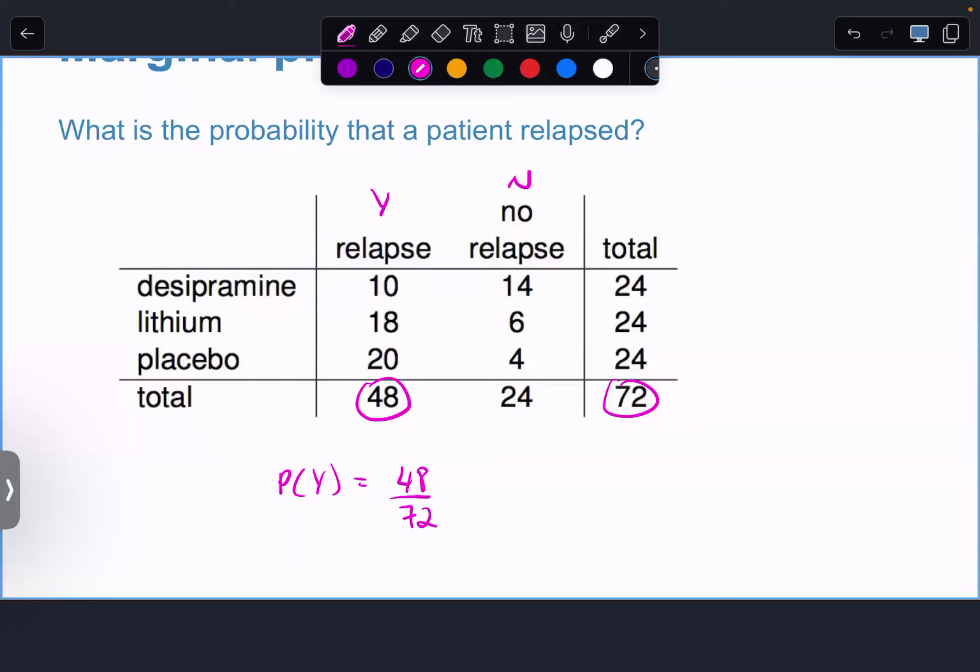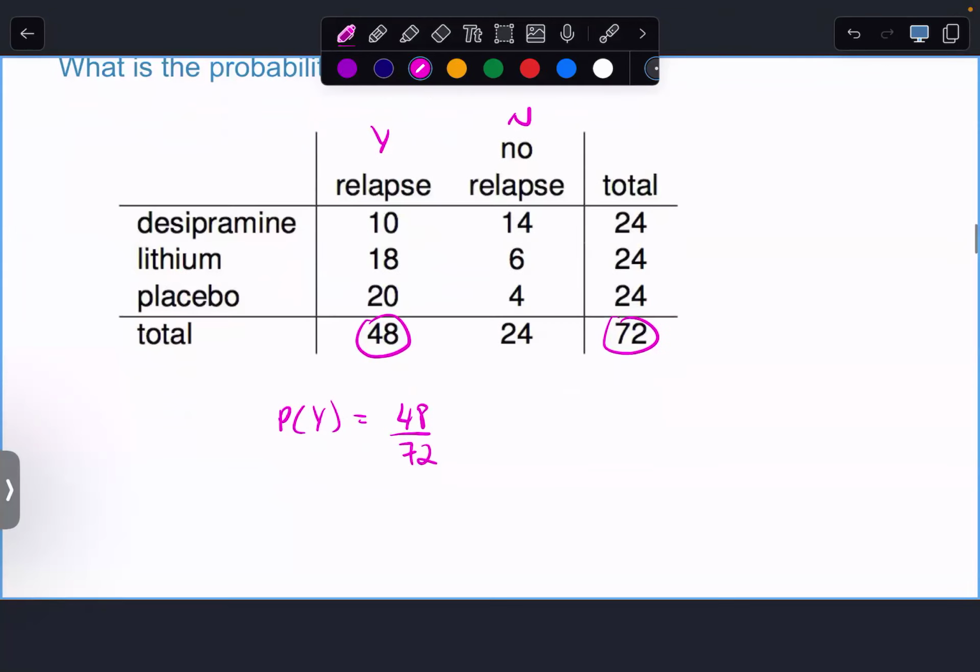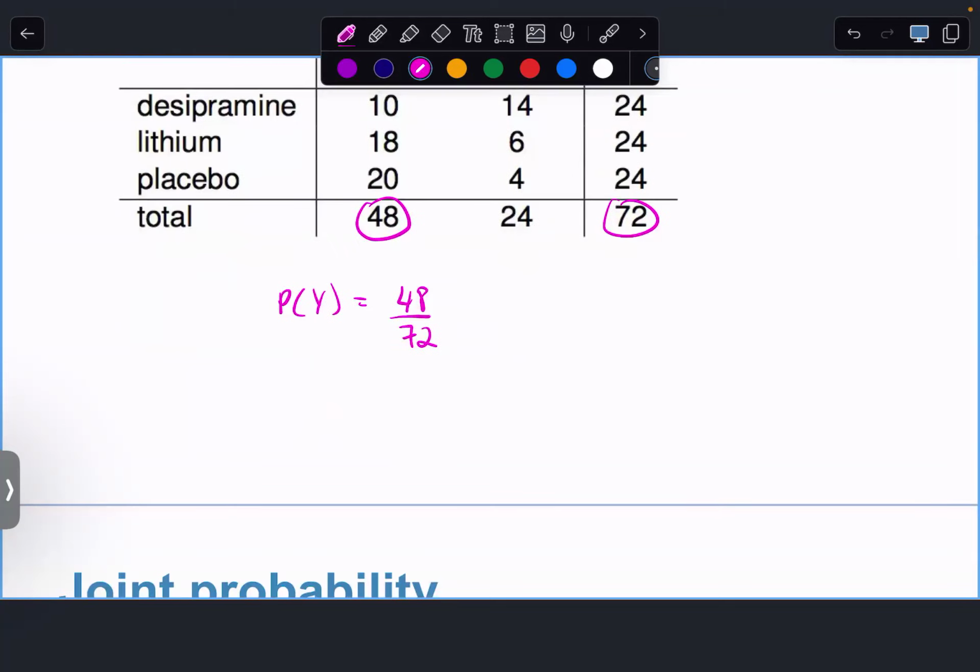That's fine. It's a proportion, but that's roughly, well, it's 2/3, but it's roughly 0.66 repeating.